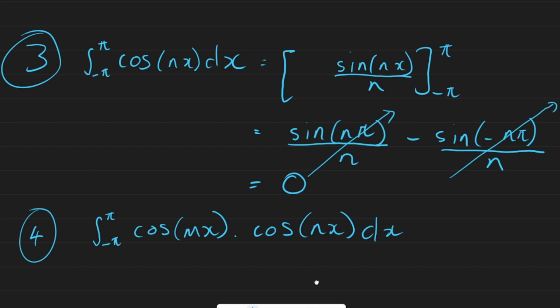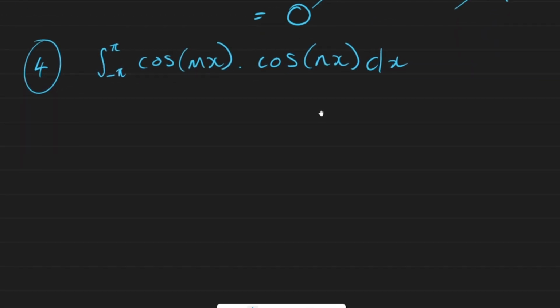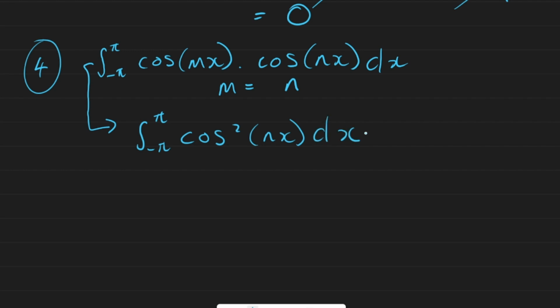So for this specific integral that we're looking at now, what we will say is that m is equal to n. So this is important. So if m is equal to n, then what this integral becomes is the integral from minus pi to pi of, we'll just replace m with n, cos squared nx dx.